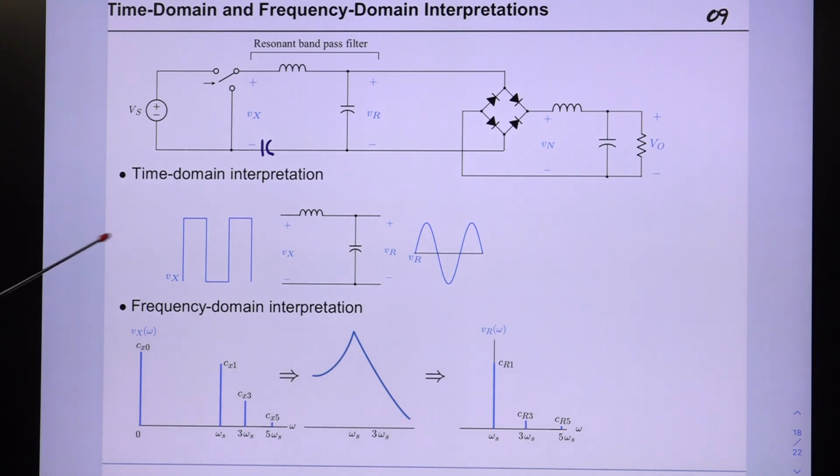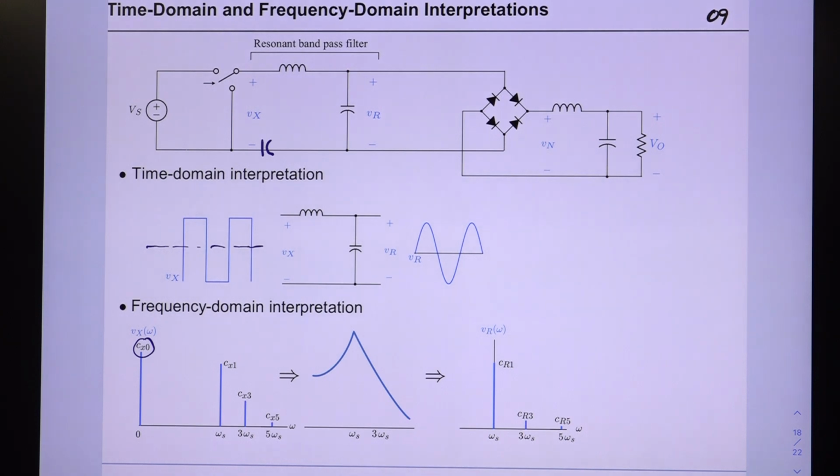If this blocks the DC, then this is the Fourier series expansion of this pulse waveform. If the DC component is subtracted here, then this zero value will appear here. So we considered the DC portion here.